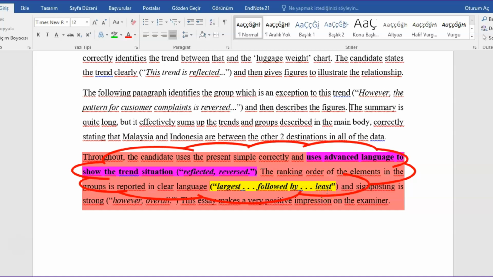And signposting is a strong feature, with however and overall. That's a pretty strong essay, a great essay for a band 9 score.